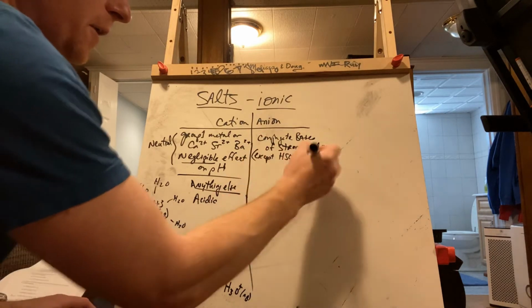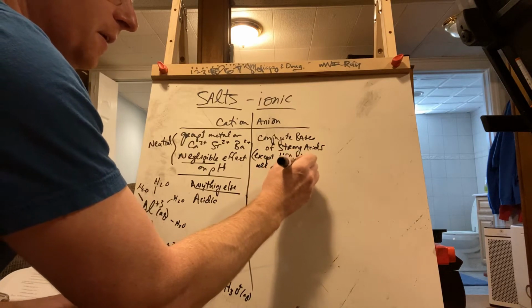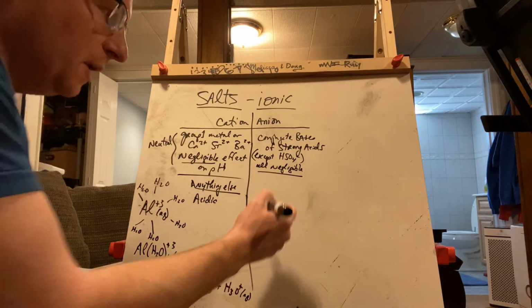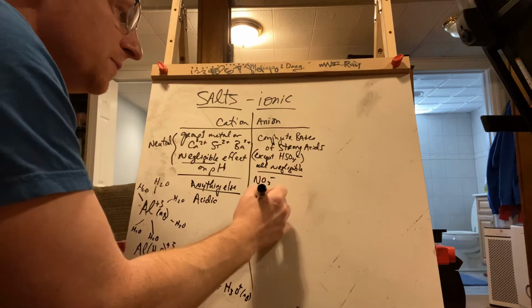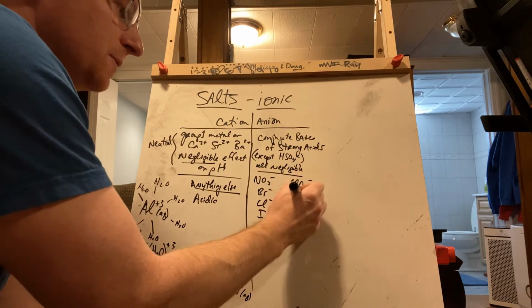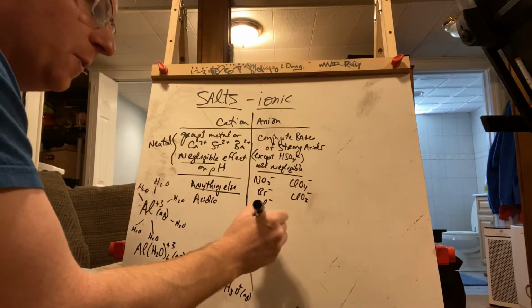So they're all negligible as well. They do nothing in solution. So anyways, these ones would be NO3 minus, Br minus, Cl minus, I minus, ClO4 minus, ClO3 minus. Ignore that one, that's kind of a weird one.